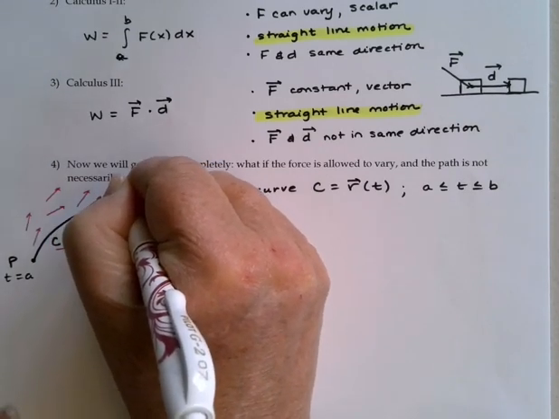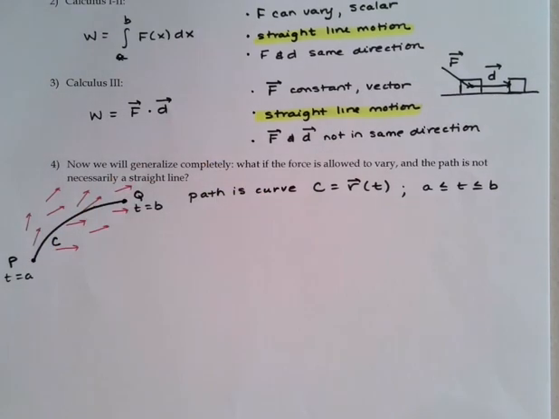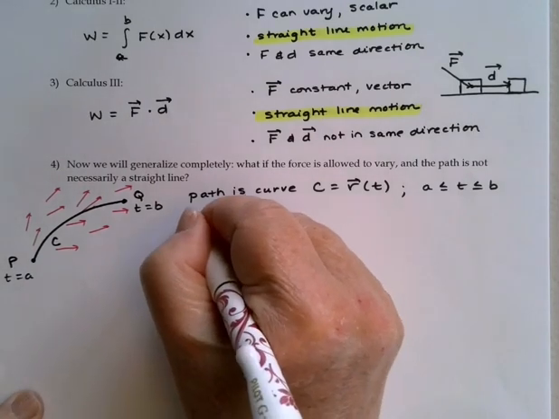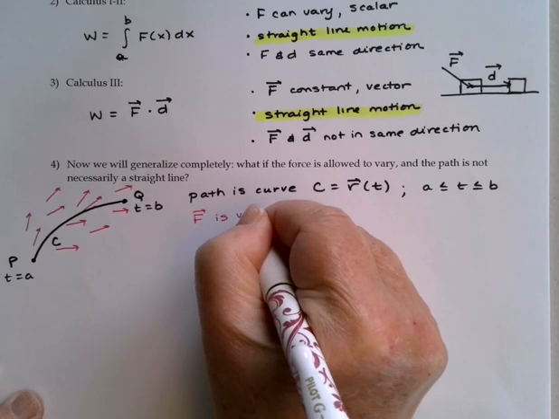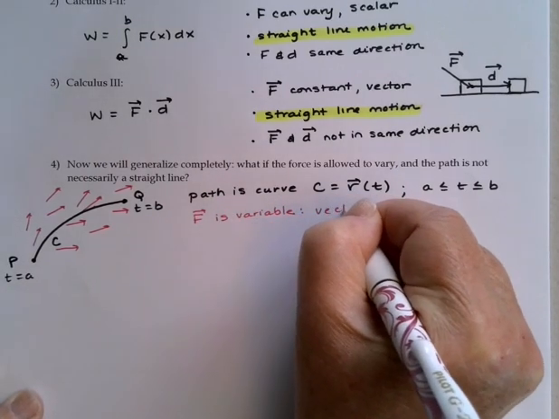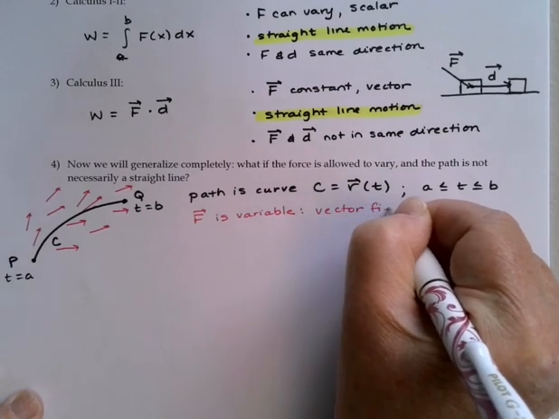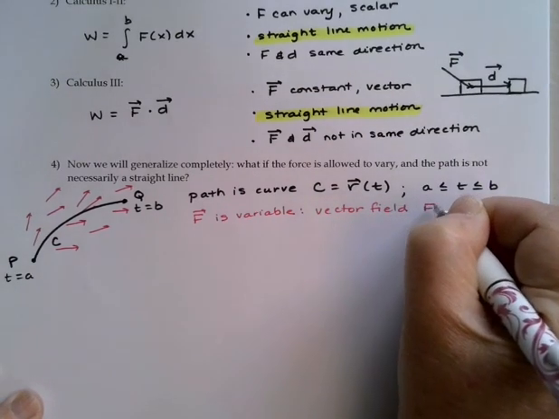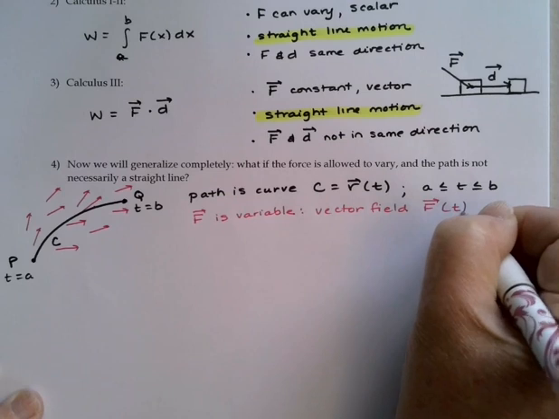If this is some vector field out here, then I've got a variable F. A vector field, F of t.